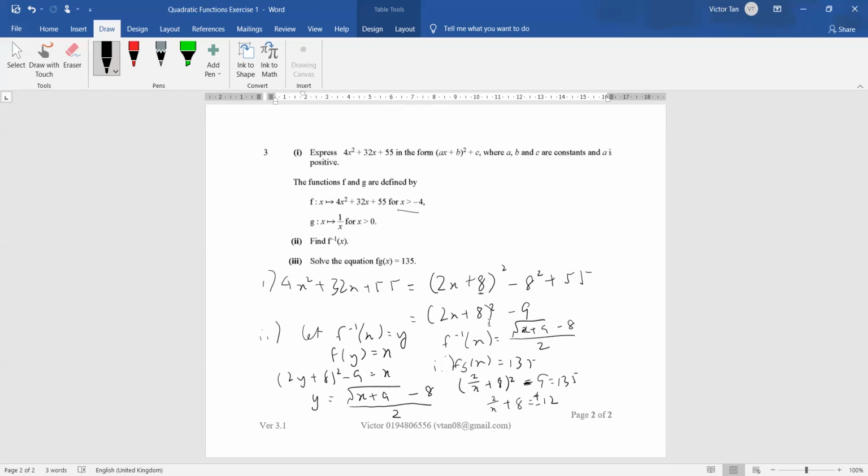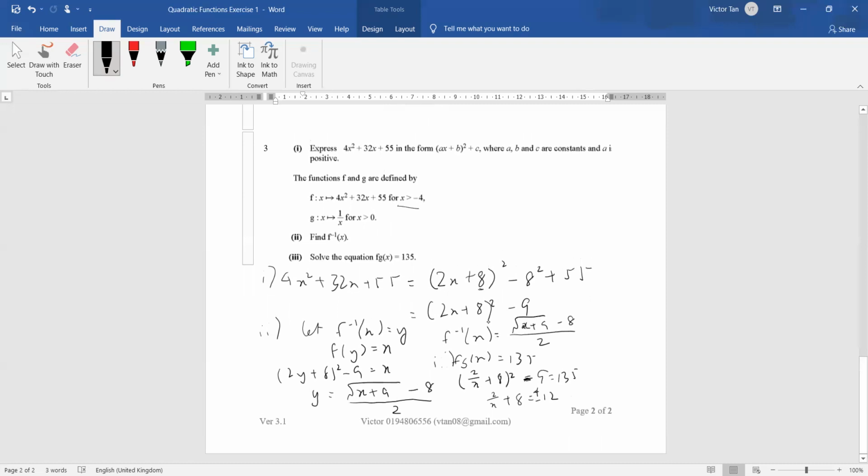We're getting a bit short of space. So you have 2 over x equals 12 minus 8, which is 4, or 2 over x equals minus 12 minus 8, which is minus 20. Okay, x is half, or x is minus 1 over 10.